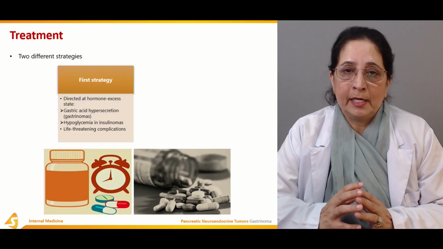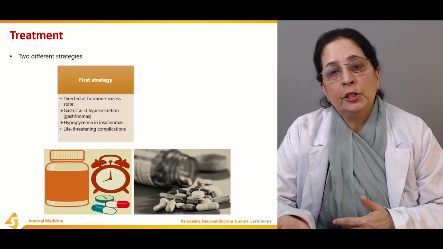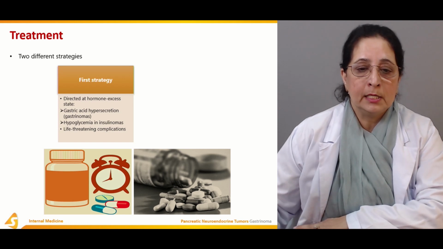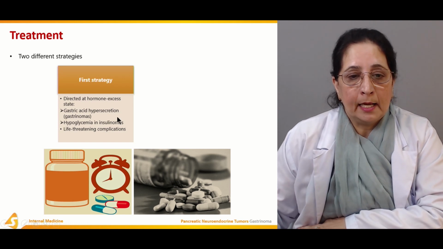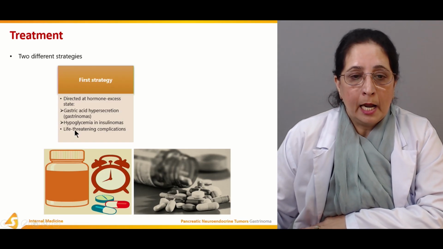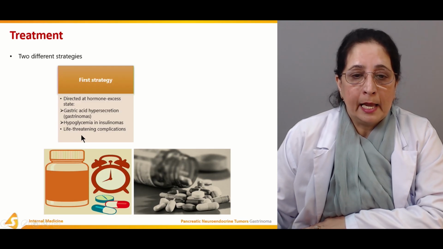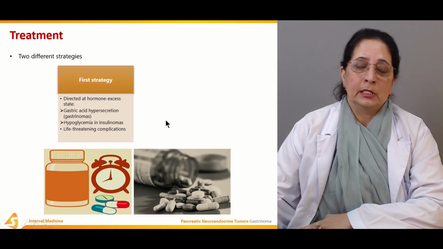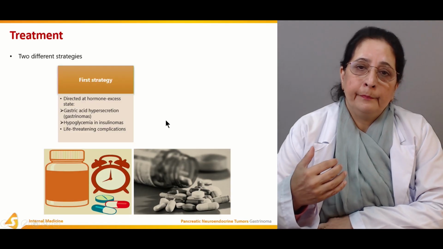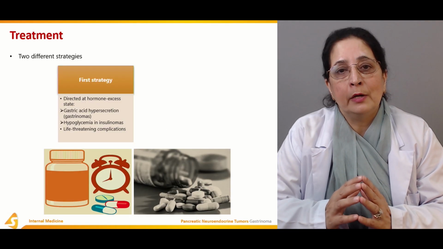So the first strategy is towards the hormone excess, which is causing all the features: gastric acid hypersecretion in gastrinomas, hypoglycemia in insulinomas, and life-threatening complications. So the first treatment strategy is toward the hormone excess.